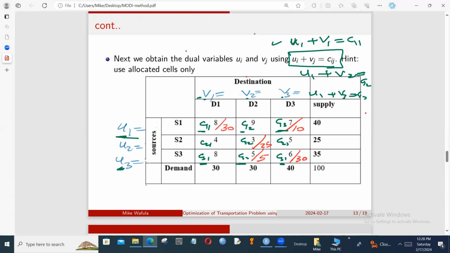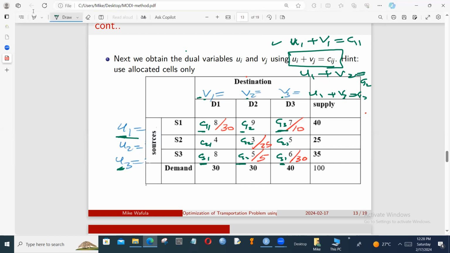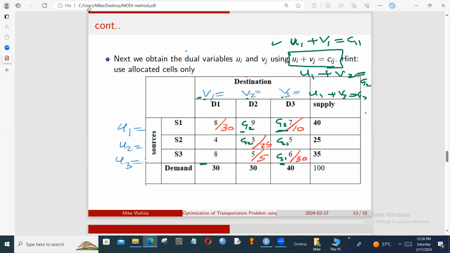And so for you to solve them, you need to fix at least one value of the U's or one value of the V's. Assign it a particular figure. I like using 0 because 0 is easier to substitute and minimizes the errors you are likely to make.